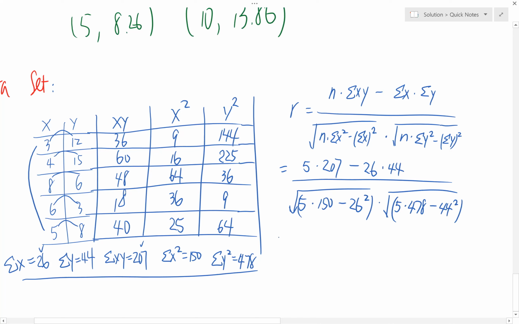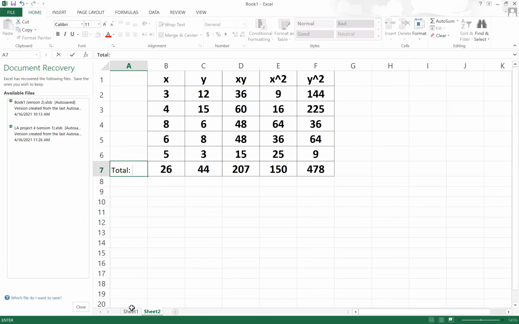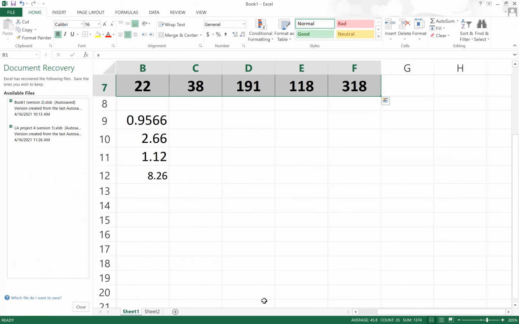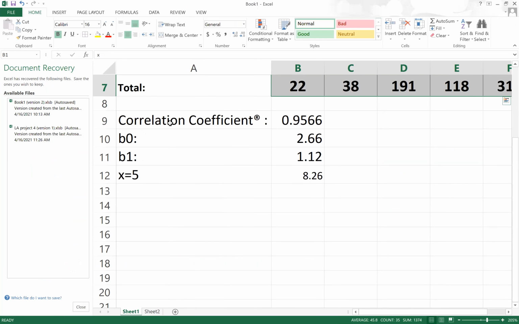Now one more time, let's put it into Excel. Let me copy all these different notations from the first sheet.